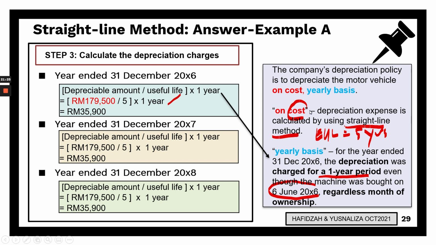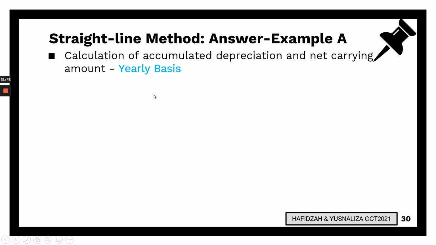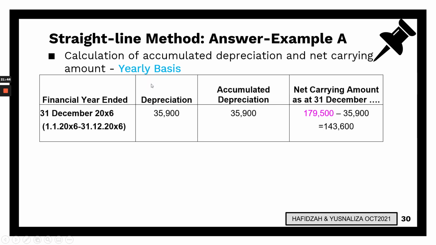If you have, that has to be done separately, but this one is just about one particular motor vehicle, so you can see that it is even each year for 5 years, but this is just for 3 years, 35,900. Next is looking at how we calculate the accumulated depreciation. So after you have calculated the depreciation, this is the expense.